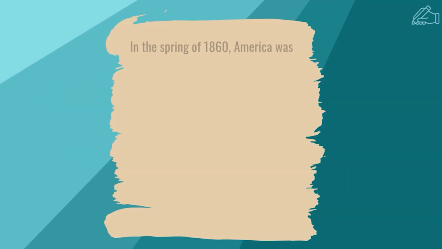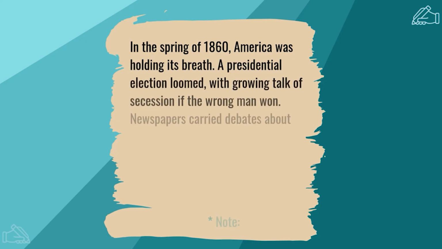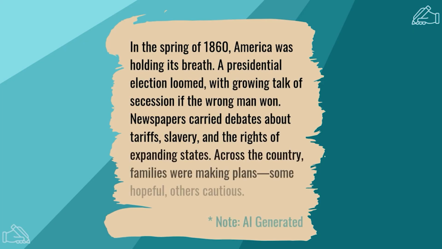In the spring of 1860, America was holding its breath. A presidential election loomed with growing talk of secession if the wrong man won. Newspapers carried debates about tariffs, slavery, and rights of expanding states. Across the country, families were making plans, some hopeful, others cautious.